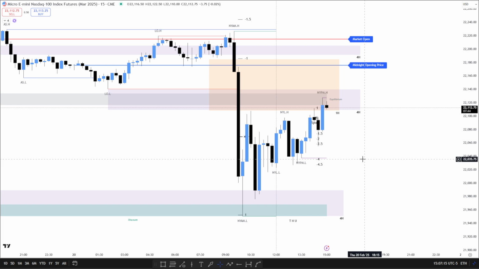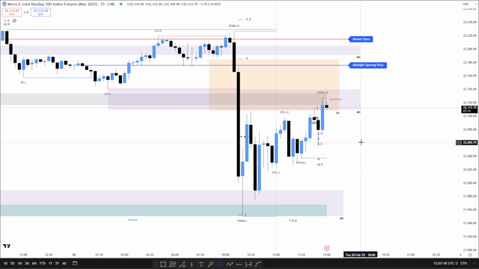Sometimes you'll get a rejection, it'll bounce back up a little bit and then continue through. But you always have to keep in mind, guys, that you're always going from external range liquidity to internal range liquidity, and back and forth, and that's all the market does. And so, depending on what time frame you're on, you can utilize this to your advantage.